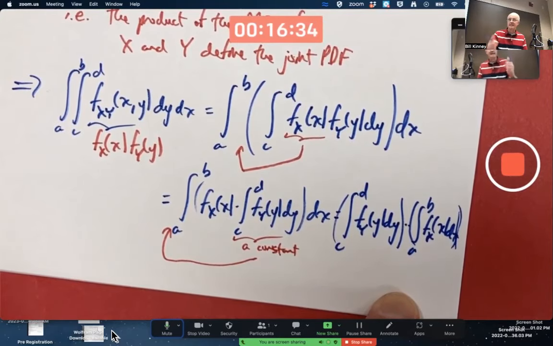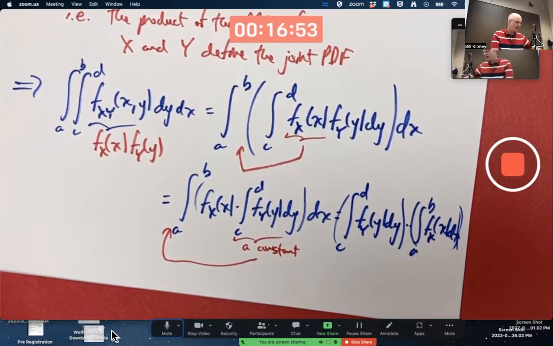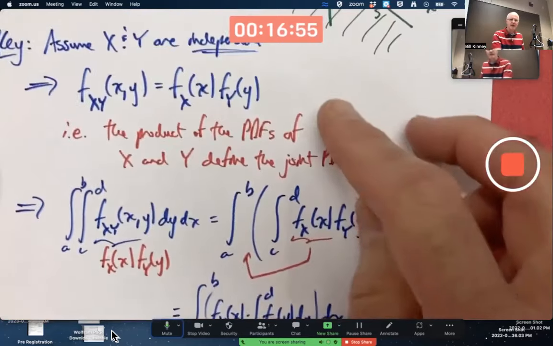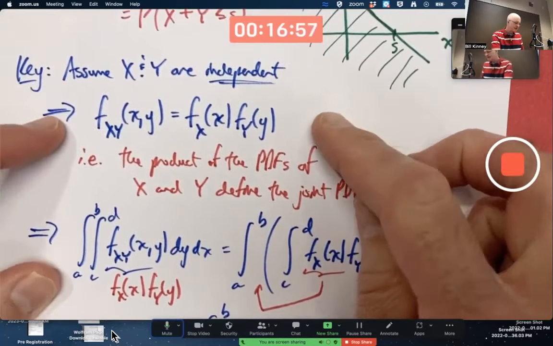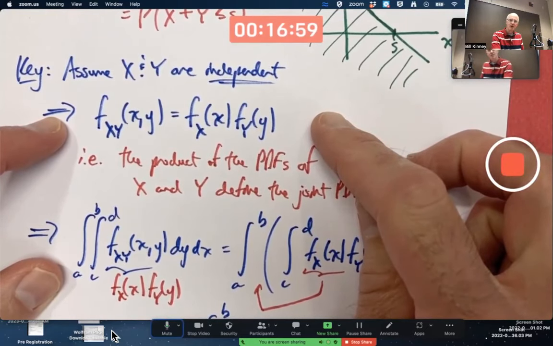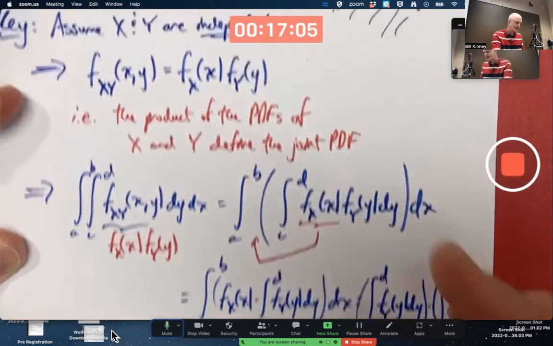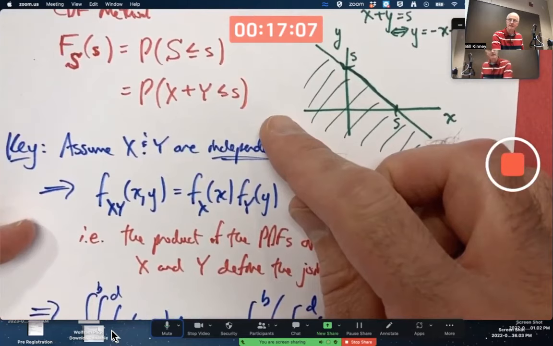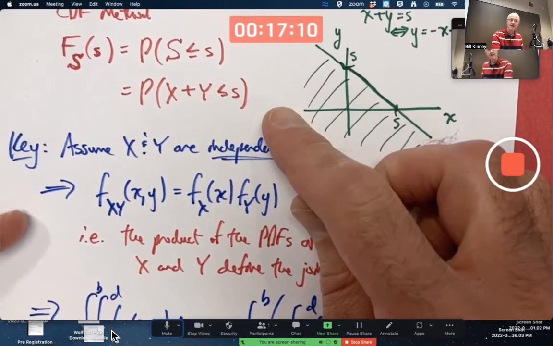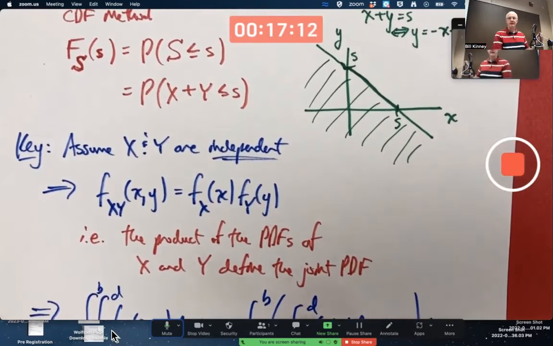So again, I'm assuming x and y are independent. That means the joint PDF is the product of the given PDFs. That means this is true, and it's going to mean I can figure out ultimately this more easily, though it still is tricky. Let's do it for a couple particular examples now.